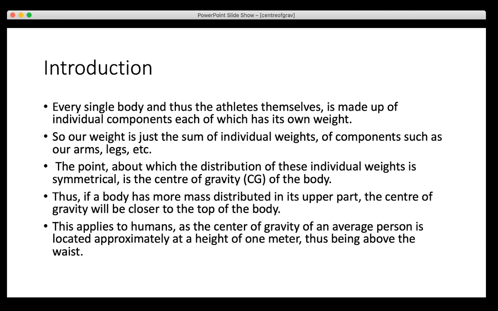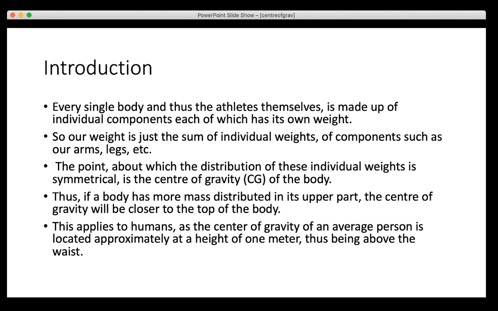CG is a hypothetical point. Definition wise, it is a hypothetical point about which the distribution of these individual weights is symmetrical, or uniform, or in simple words, balanced. So it is a hypothetical point at which your whole mass is concentrated or distributed well, so that at that point when you measure the force, the sum will be zero, because everything is very symmetrical and mass is distributed around that point.